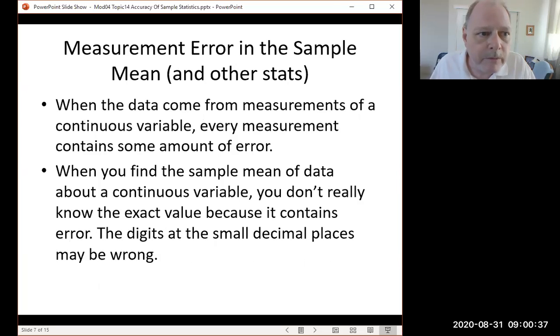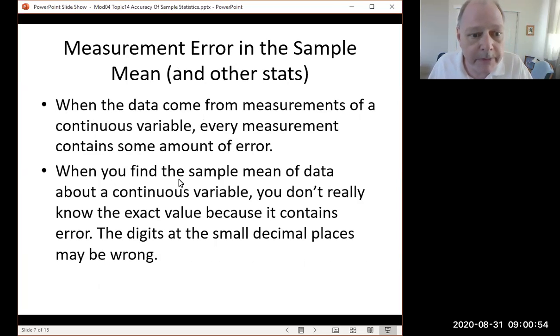You report one more digit than the original data had. So to recap where we're at, when the data come from measurements of a continuous variable, every measurement contains some error.